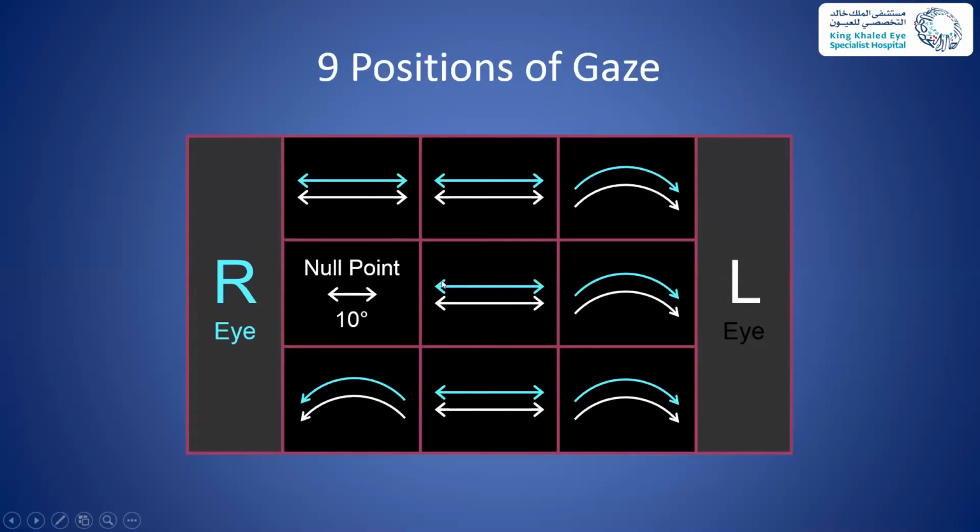And then I could say here in the central position, there is a pendular nystagmus in both eyes. Looking up is pendular nystagmus, looking down is pendular nystagmus, while looking to the left gaze, there is rotatory nystagmus in both eyes, and looking to the right is a null point.